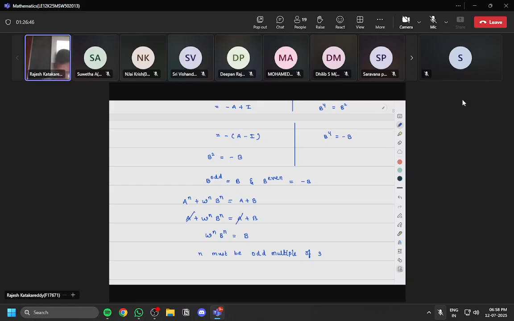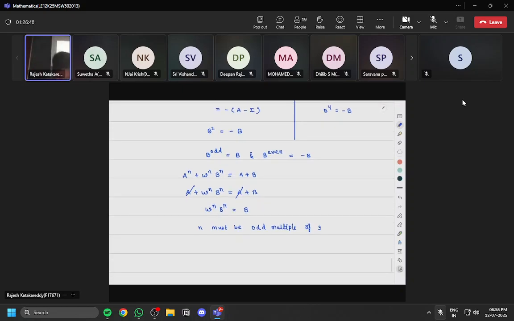It must be an odd multiple of 3. So from the given interval, I can say n can be 3, 9, 15, and so on, going till 99. So I think you are all equipped enough to tell how many n values are there in the set.